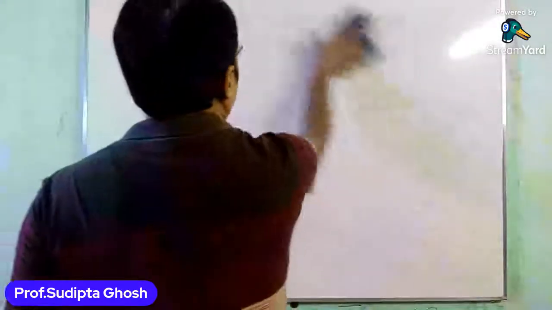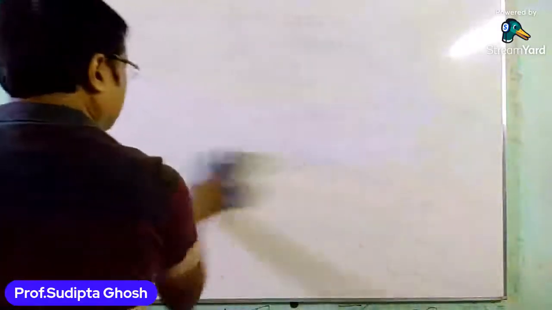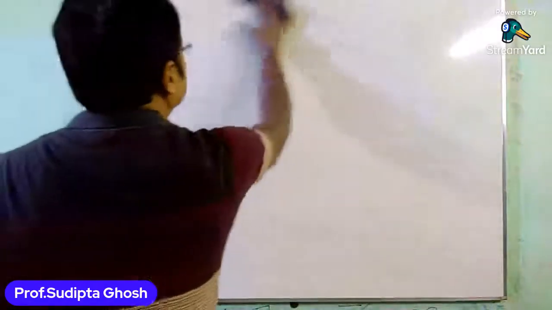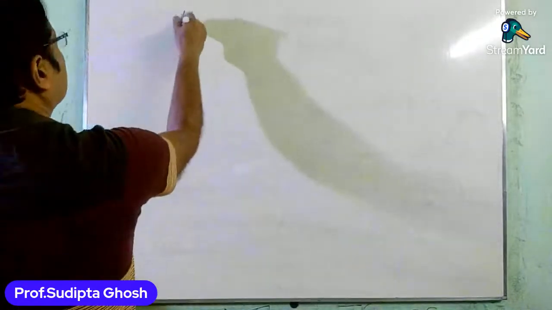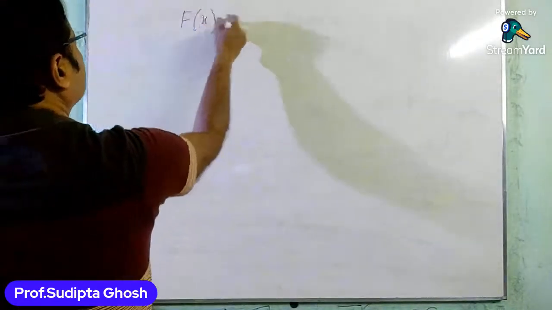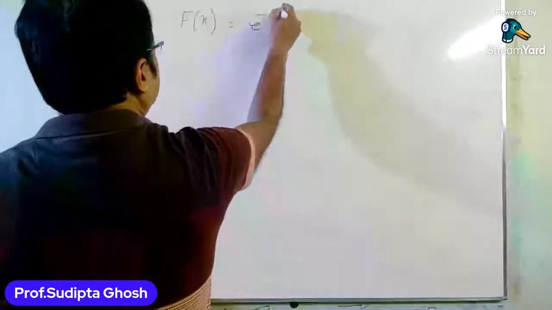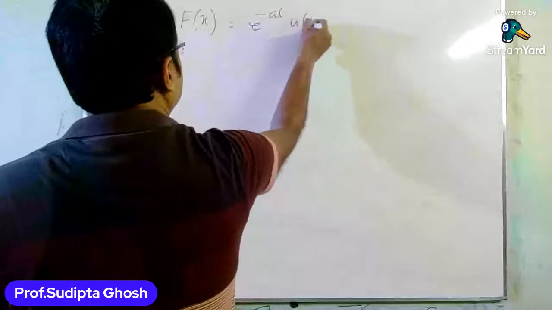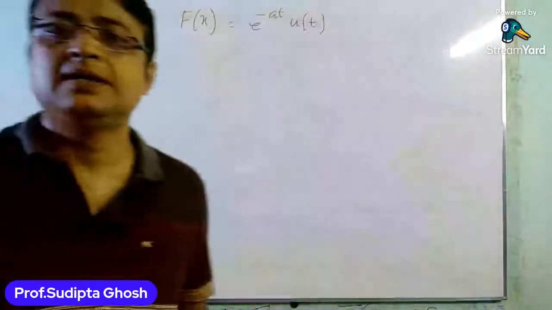So now there is a product of two functions, and the new function is e to the power minus a t into u of t. Find the transformation of f of x equals e to the power minus a t into u of t. As you can see, now the function is given in the time domain.